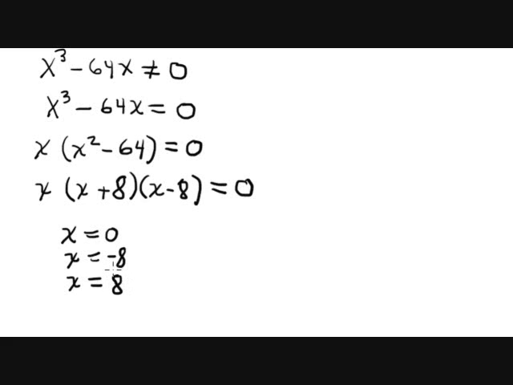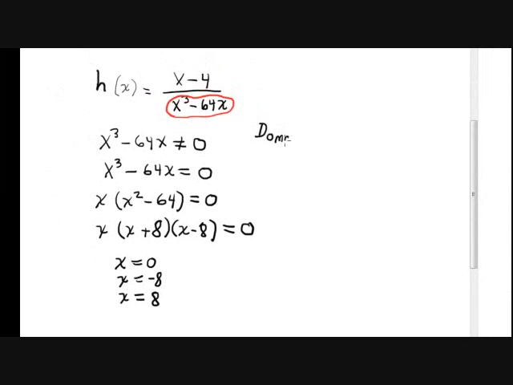Now the domain of h of x is all real numbers except the bad guys, and the bad guys are 0, -8 and +8.